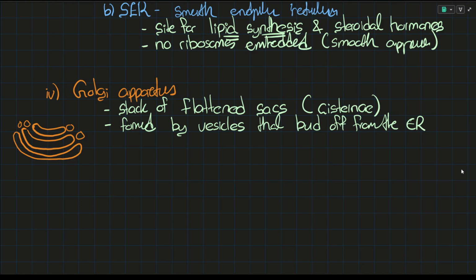What exactly is the function of this Golgi apparatus? This is an organelle that we have not really heard of before, not really put into consideration before. So why is this so important? Now here's the function of the Golgi apparatus. Modification of proteins.